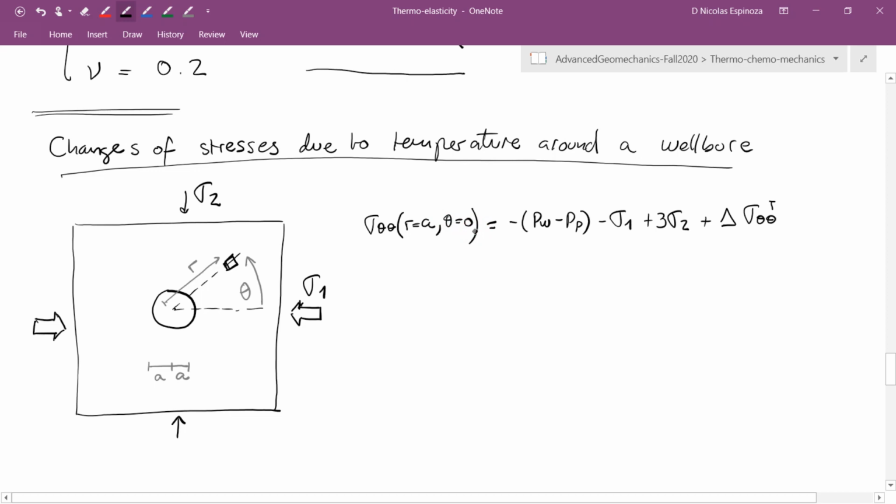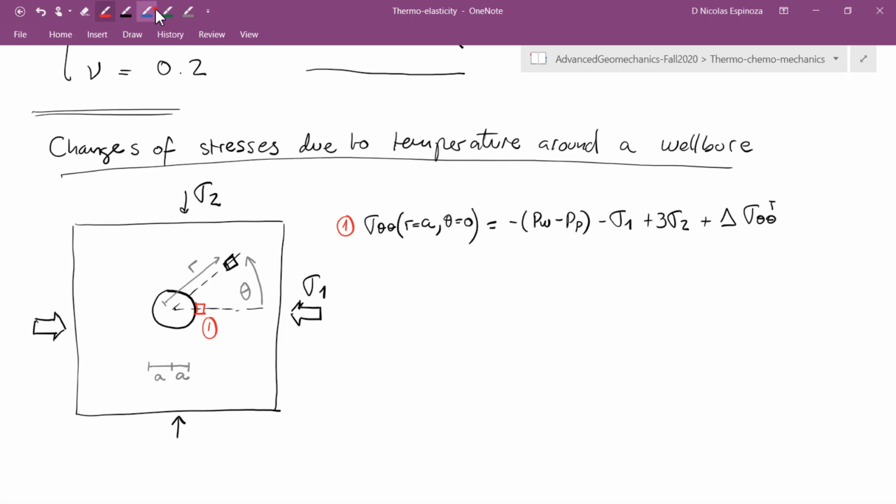The Kirsch equation tells me that the stress at such position where theta equal to 0 is going to be, let's use here, point number 1, where this is going to be an element here.